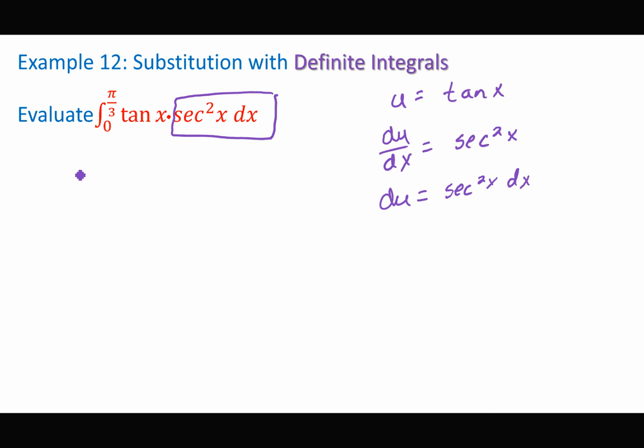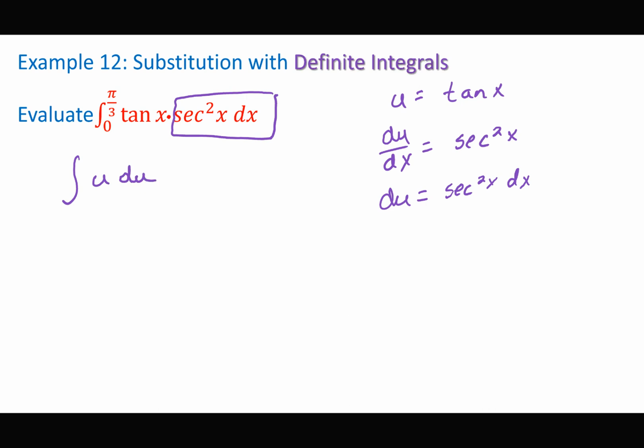So now my integral, I'm going to write the integral sign, but I'm not going to put any bounds on it yet. When our integrand was in terms of x, that dx means the change in x, the width of our rectangles. But now we're going to be working in du. So this is u du.